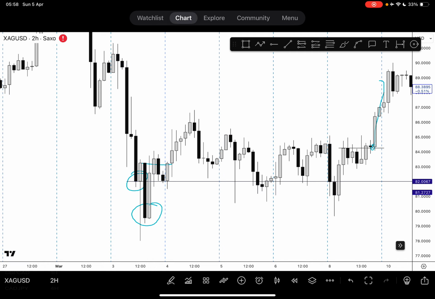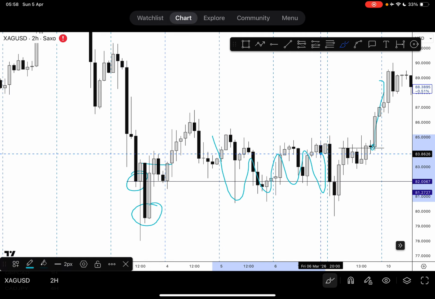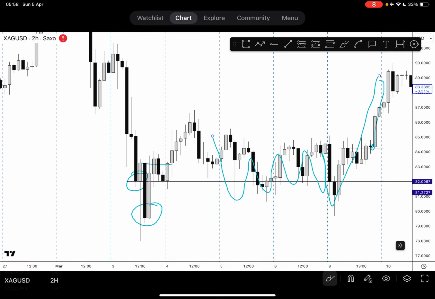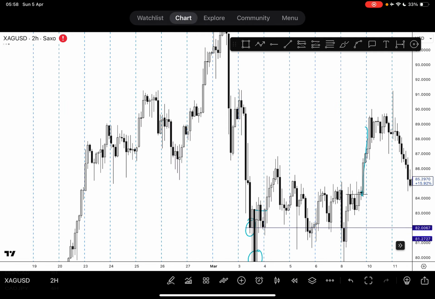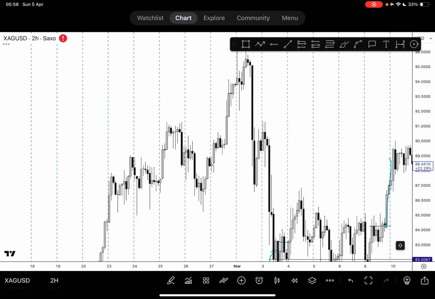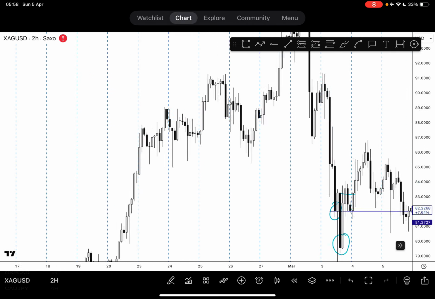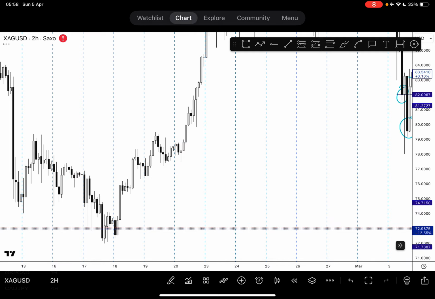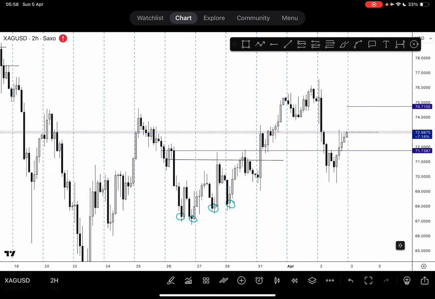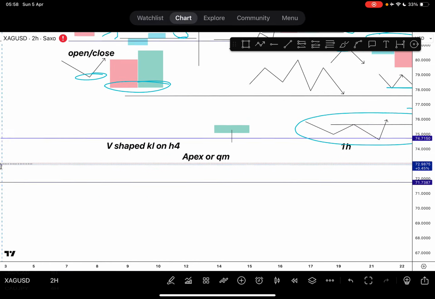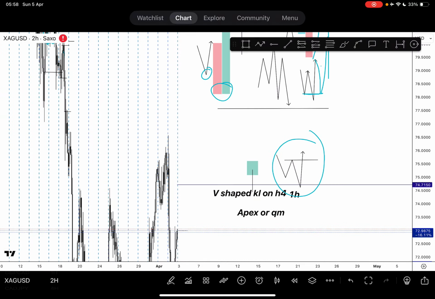You can see market comes to that QM multiple times, and then we buy to the upside. It's just as simple as that. Let's look for another one. Yes, I think you guys get the point. We'll go on the practical soon. Don't worry. So let's get back to what I was saying.